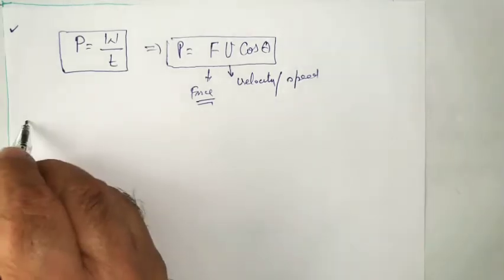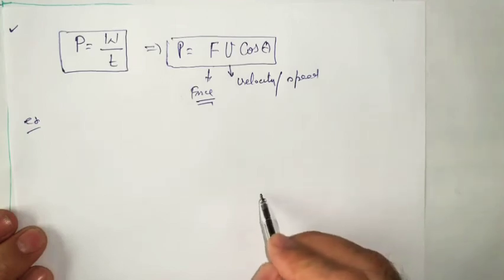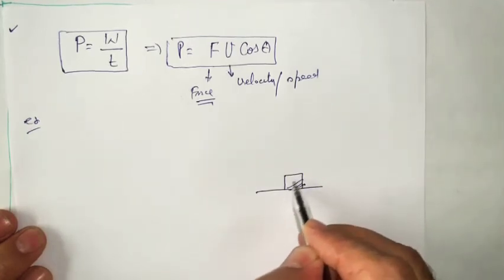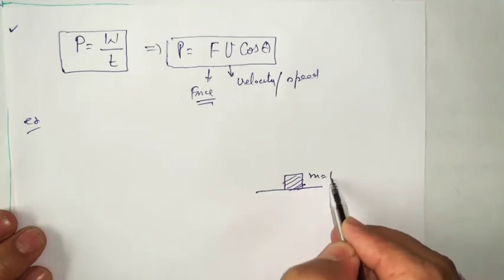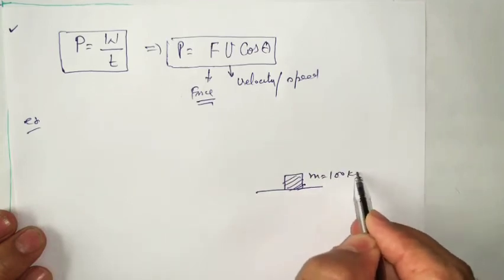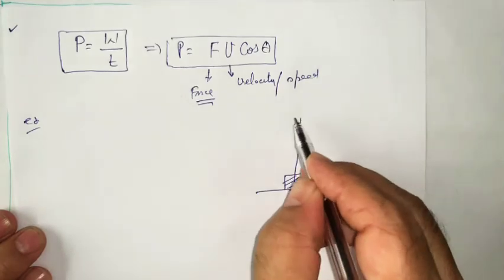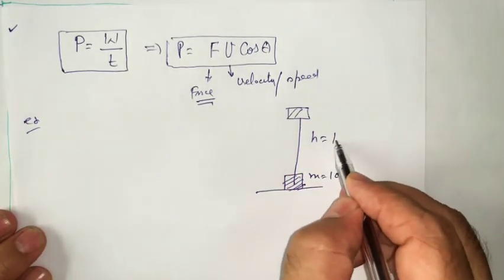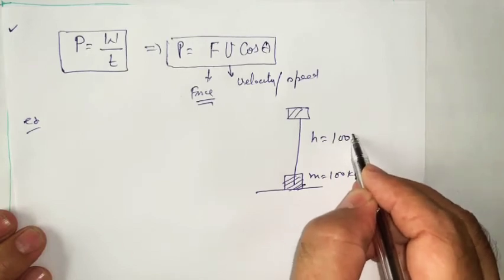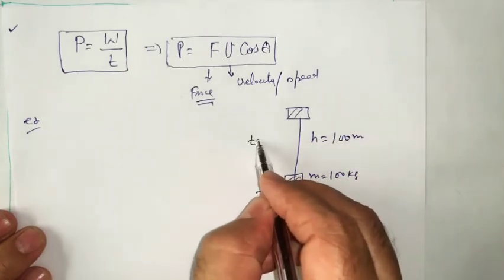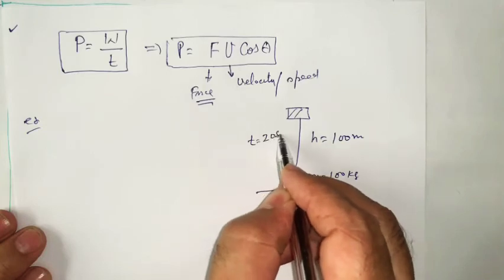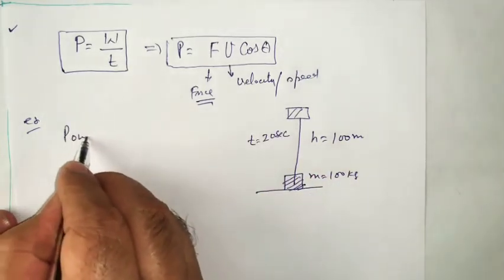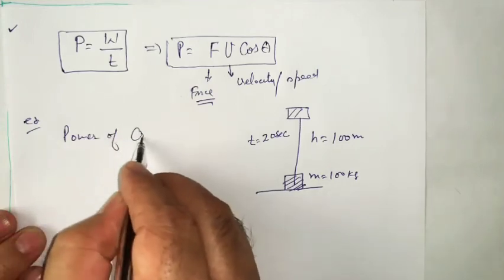For example, if we are saying that a crane uplifts a mass of 100 kilogram by a height say h, say 100 meter, in time say 20 seconds, calculate the power of the crane.